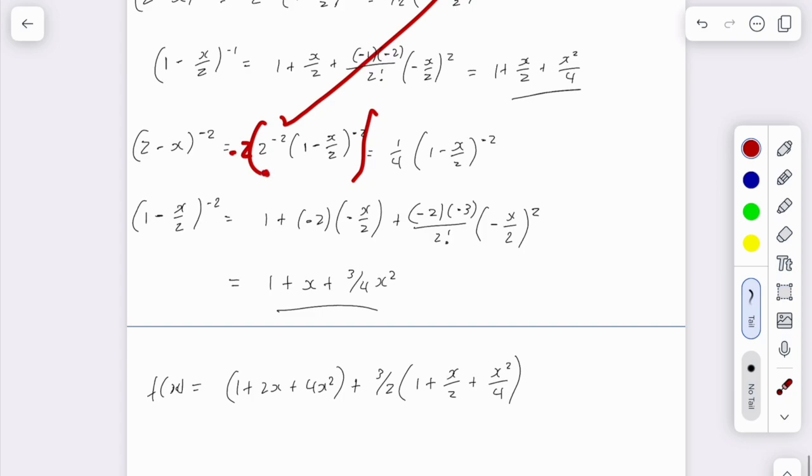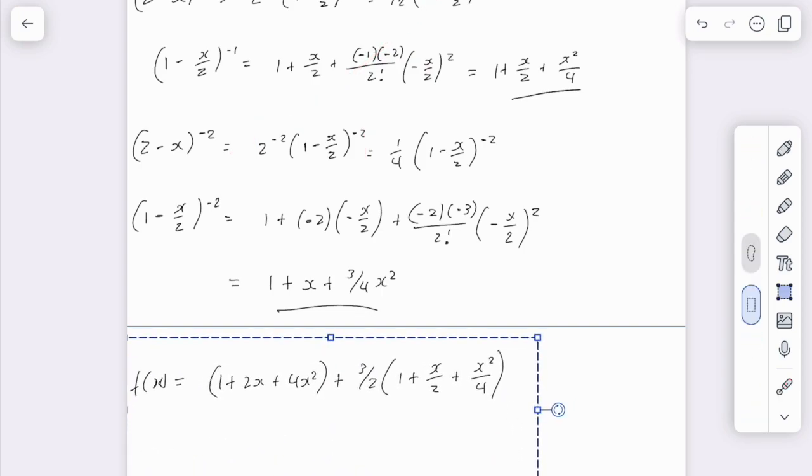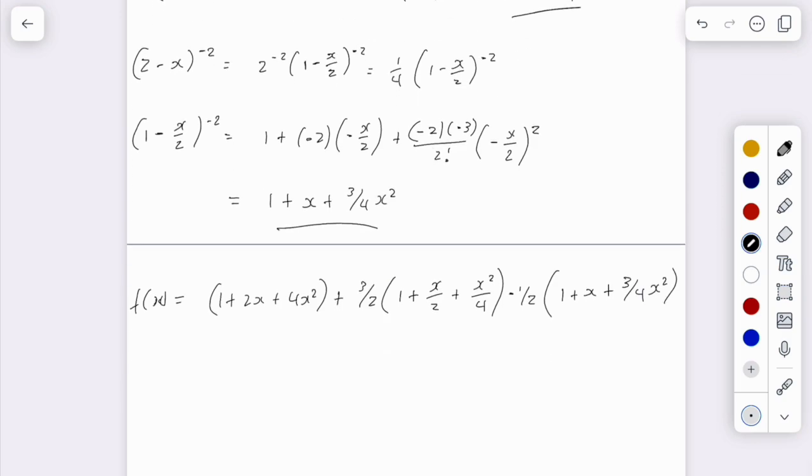Because minus 2 times 1 over 4 is equal to minus a half. And then we just plug in what we already calculated, plus x, plus 3 over a quarter x squared. Okay, now we just simplify this out.